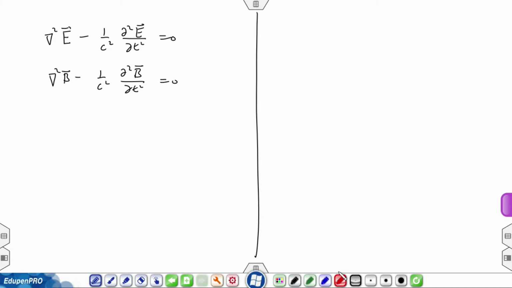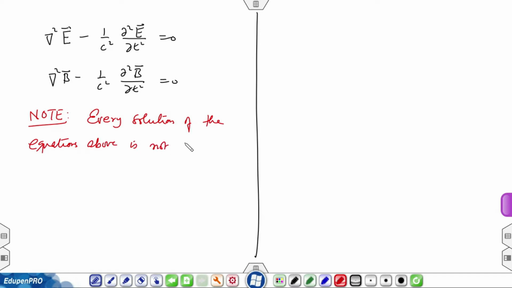One note of caution: every solution of the equation above is not an acceptable solution.